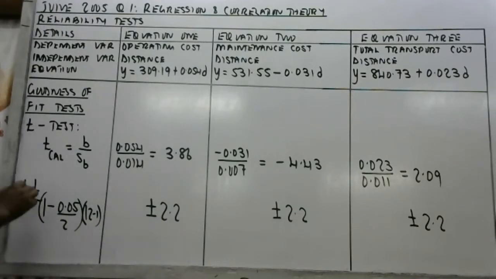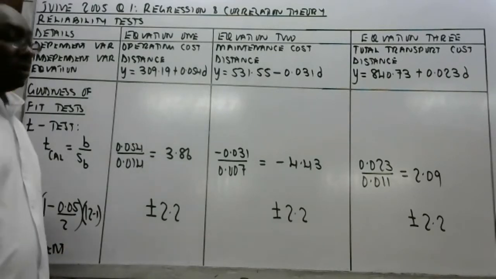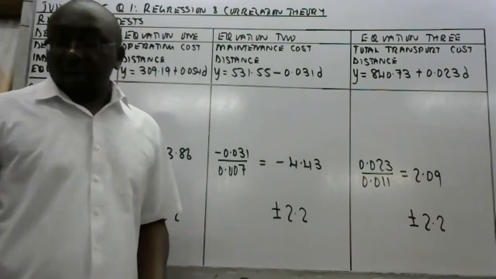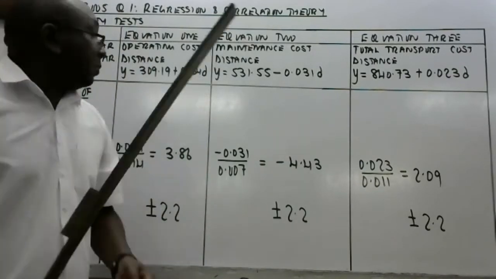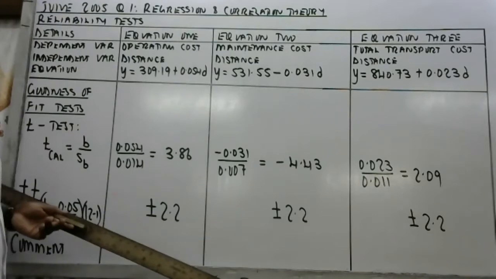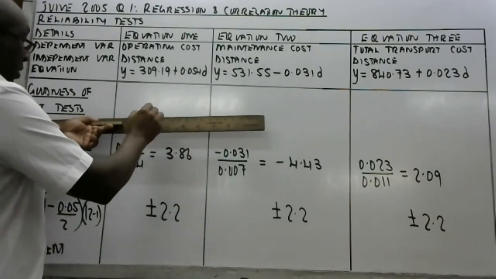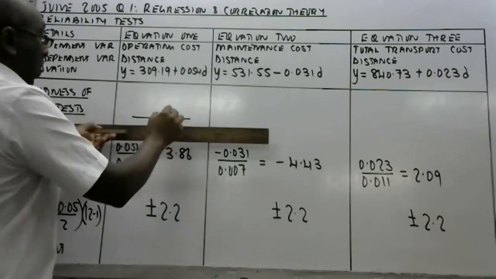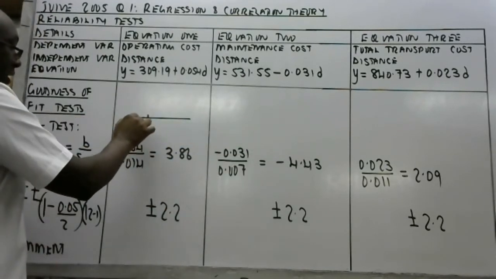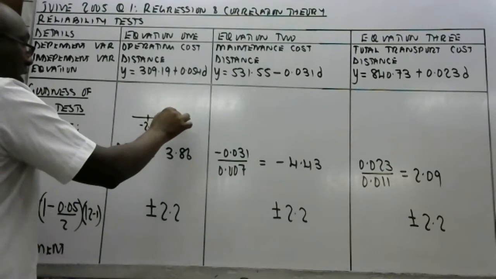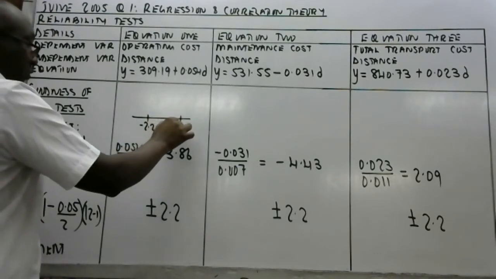And then now, based on those two results, you make the comment or the conclusion. This is how you are supposed to look at it. This one, on the lower side is minus 2.2, and on the upper side is positive 2.2.